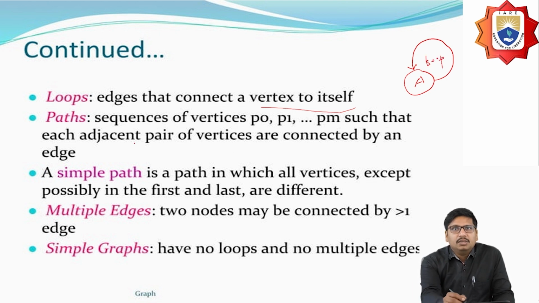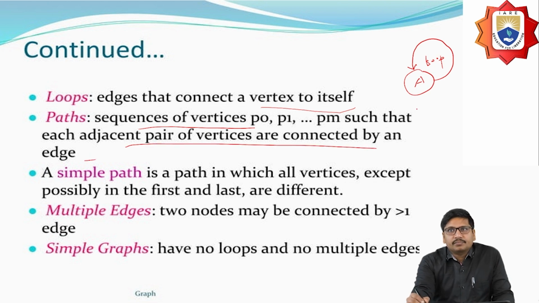And a path is a sequence of vertices such that every adjacent pair of vertices is connected by an edge. So A and B, this is a path, since every pair of vertices is connected by an edge.